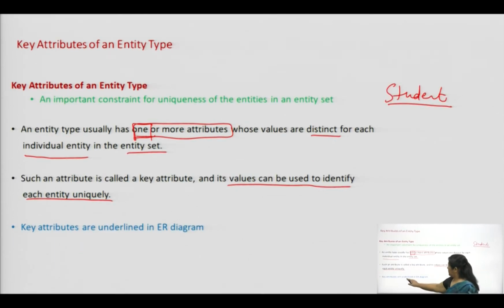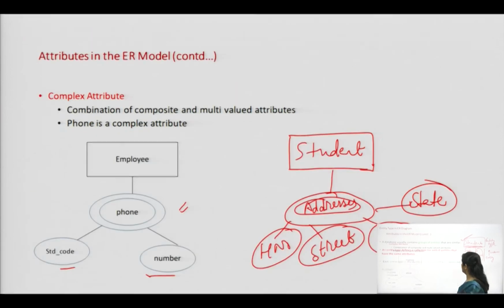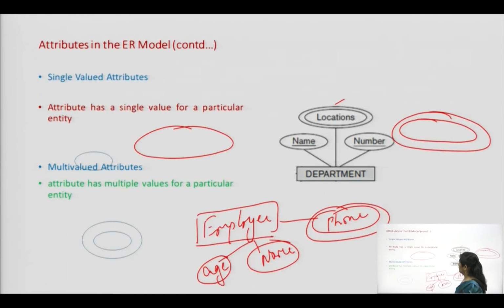The key attributes are underlined in the ER diagram. Now, let us go back to our ER diagram over here. I had told you that I have underlined some of the attributes. Here I have underlined name and number. So, name as well as number, they are key attributes. What does it mean?